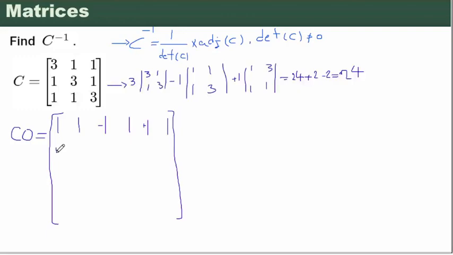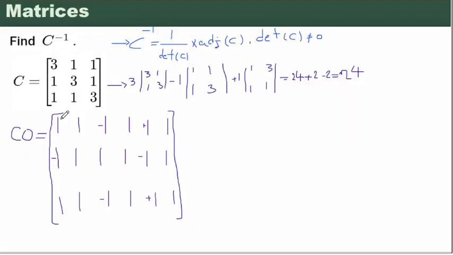Here it would be, again, 2 plus 1, negative, positive, negative, and here it would be positive, negative, positive.